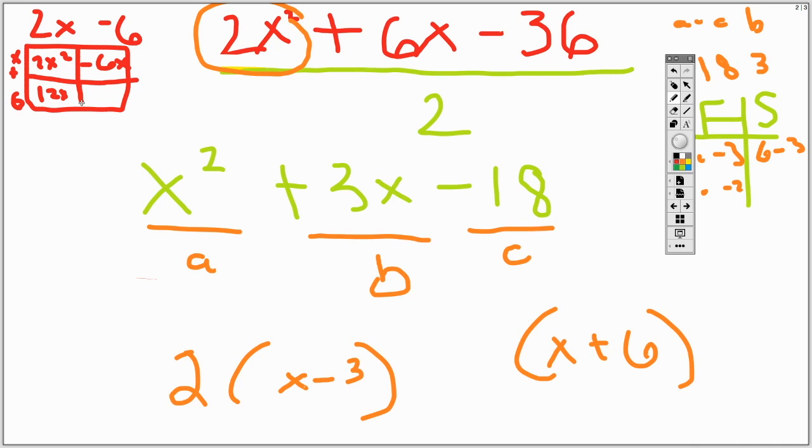And 6 times minus 6 is minus 36. So 12x minus 6x is 6x. So 2x squared plus 6x minus 36. Is that the answer? Yes. So these two factors are right. That's the way to double check. Make sure you do it on your tests and quizzes. It will help you a lot.